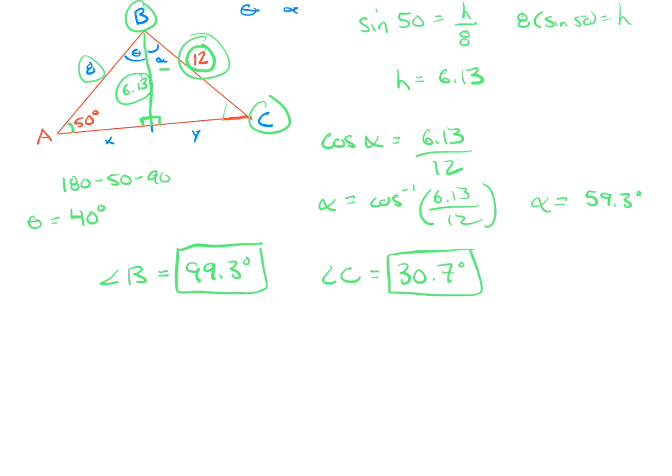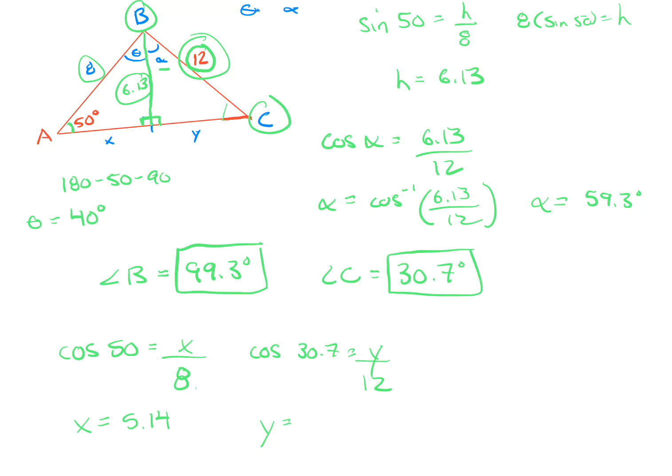So for X, we have cos of 50 is equal to adjacent over the hypotenuse 8. So do the calculation there. X comes out at 5.14. And then the other side, using angle C, cos of 30.7 is equal to y over 12.